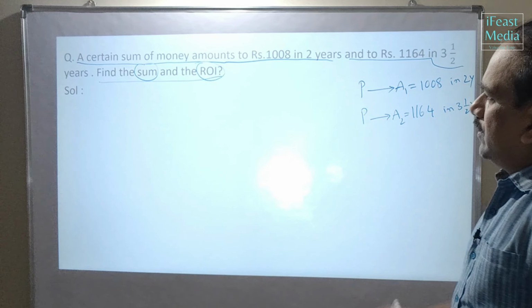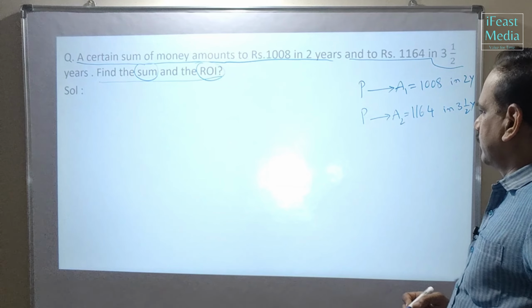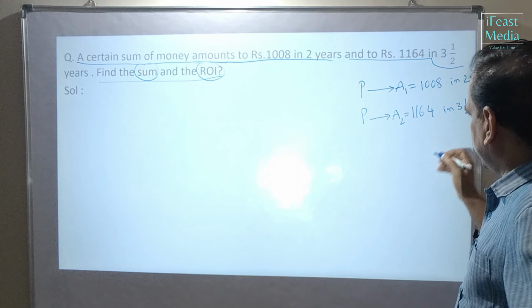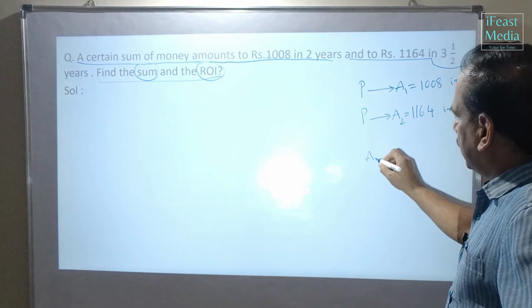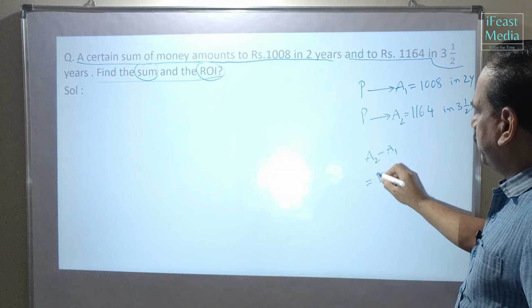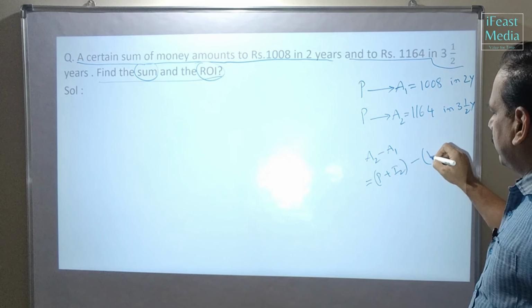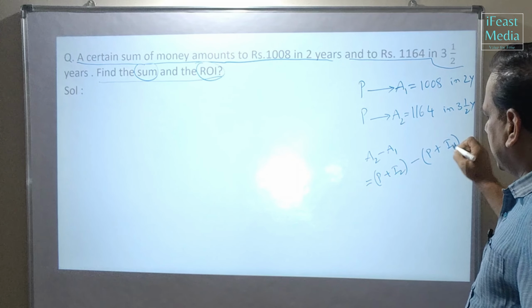So what is the sum and rate of interest? Here this is a very important problem from a competitive examination point of view. What is A2 minus A1? Amount A2 is principal plus interest 2, minus A1, which is principal plus interest 1.